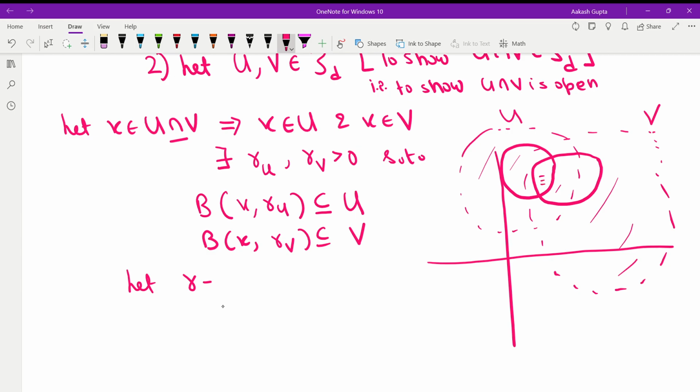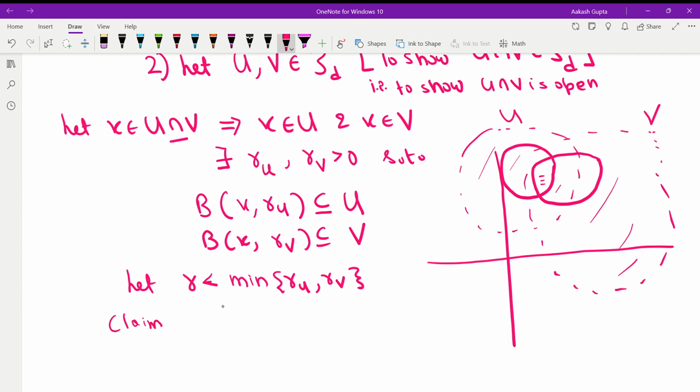So basically this region you are interested in. The natural choice for this r is any r you can take which is less than the minimum of r_U and r_V.